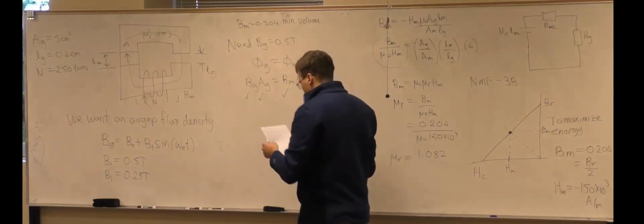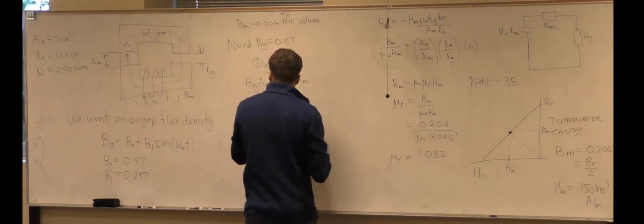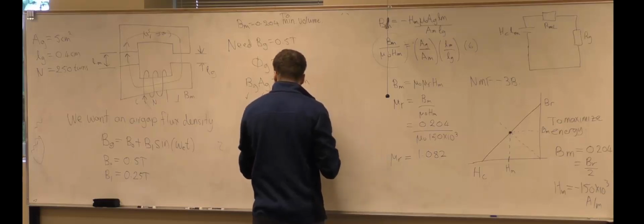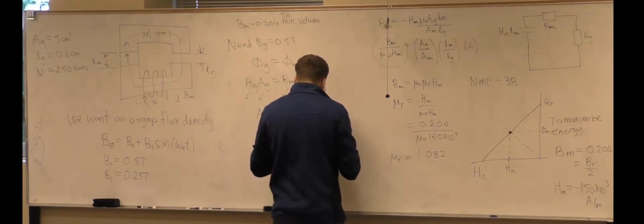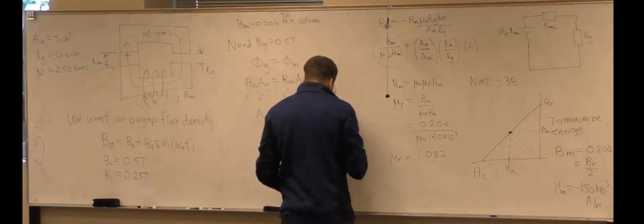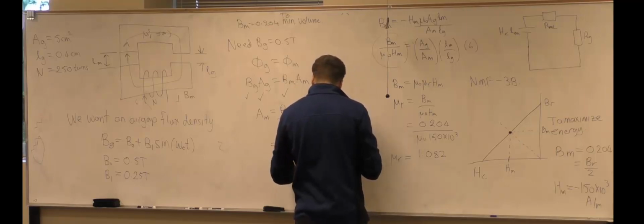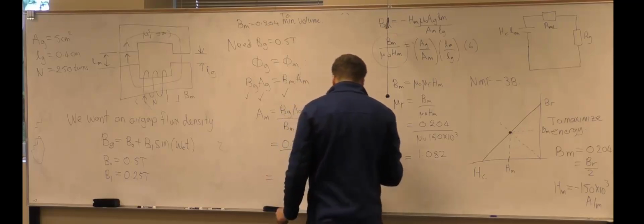So then we can figure out AM. So AM is equal to BG AG divided by BM. This part's really quite straightforward. So it's 0.5 times 5 centimeters squared divided by 0.204.